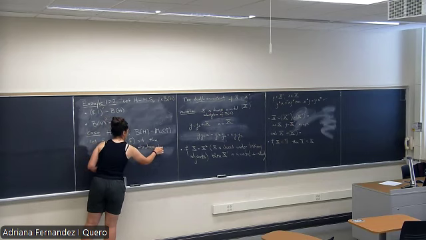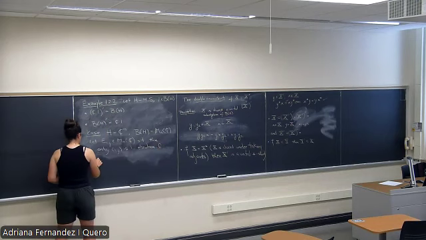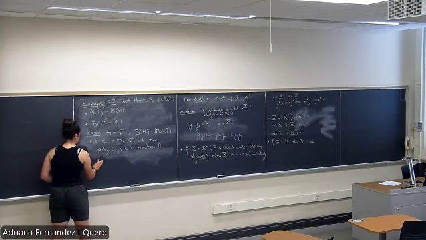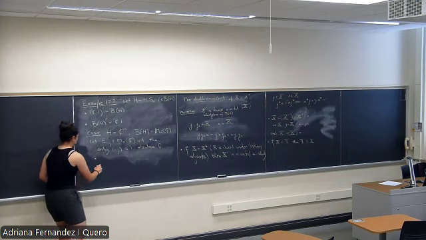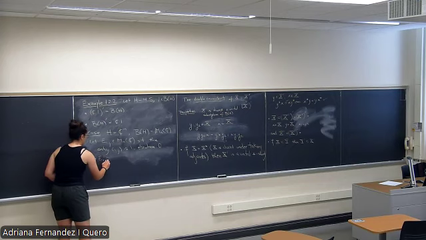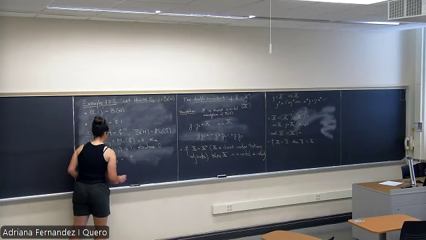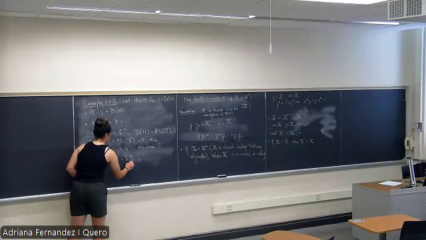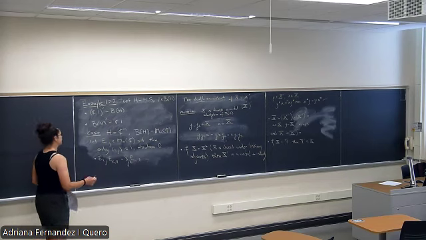You have the following two properties of these matrices, which I'll let you check on your own. If you multiply two of these, let's say E_ij and E_kl, you get E_il only when j equals k, and otherwise you get 0.